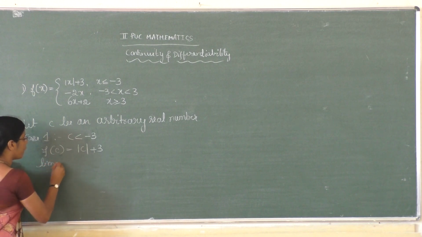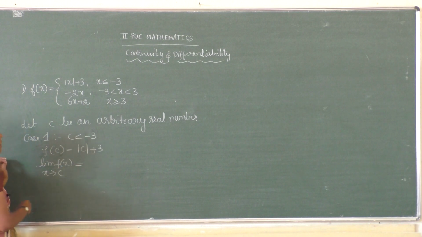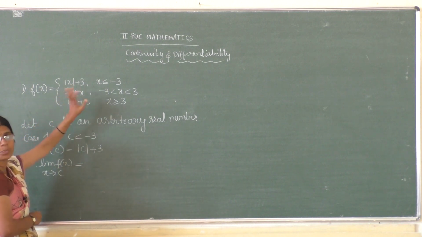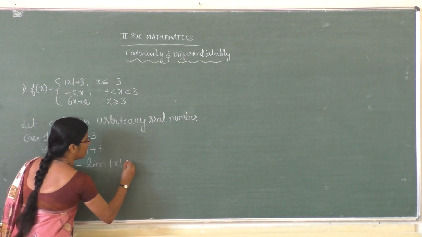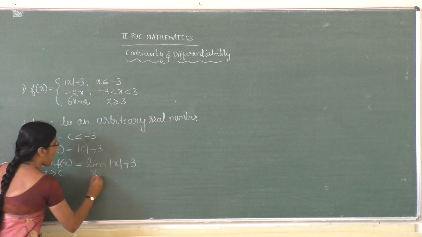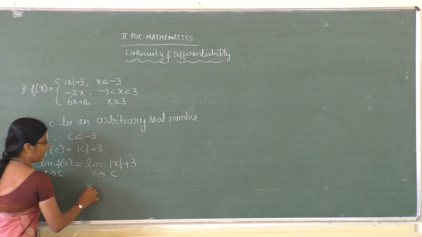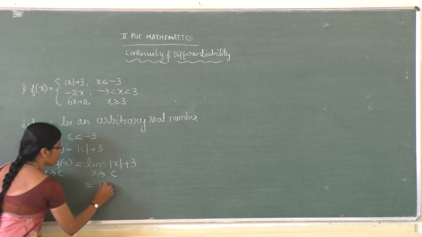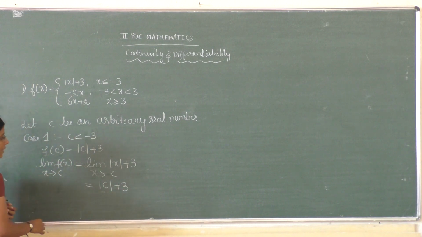Limit of f of x as x tends to c, because when x is less than minus 3, the function is modulus of x plus 3. So that is limit of modulus of x plus 3 as x tends to c. In the place of x, you substitute c, so you are getting modulus of c plus 3.